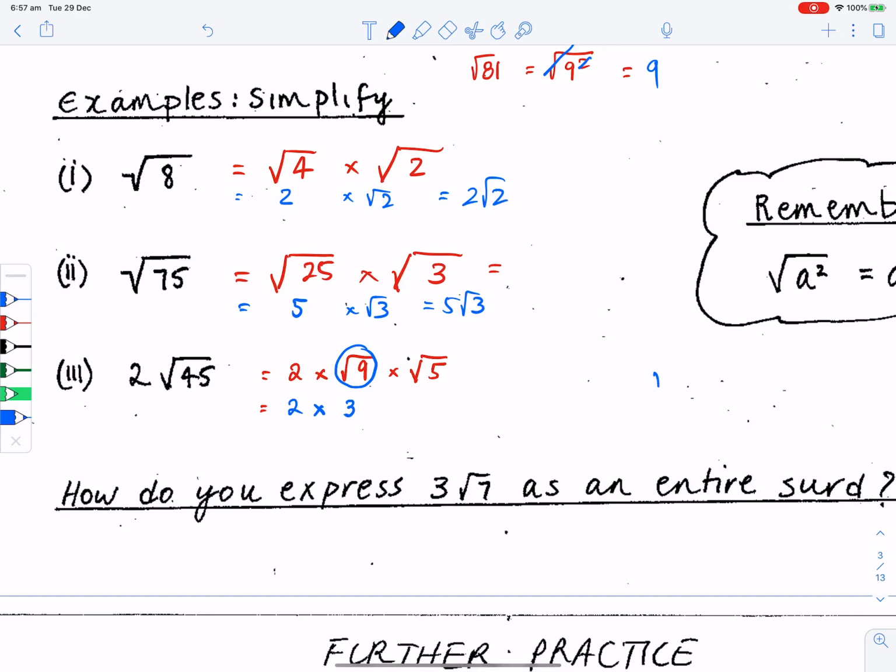Remember that root 9 is the same as that, and now the square root and the squared cancel and you get 3. So going back to the question, the 2 hasn't been touched. The root 9 becomes 3. And the root 5 can't be simplified anymore.